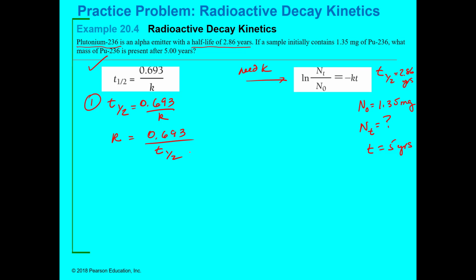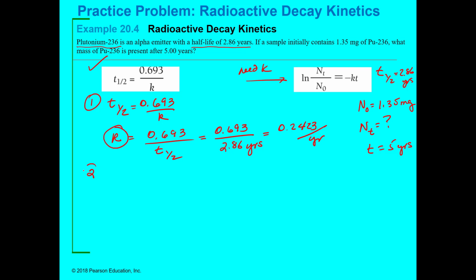If you want to plug the numbers in and then do it at the end, that's fine. I find this to be a little bit easier. All right, and so K is going to be equal to 0.693 divided by the half-life, and it told us that it was 2.86 years. And so my units are going to look a little funny because it's going to be 0.2423 per year. Okay? All right, so that's K.